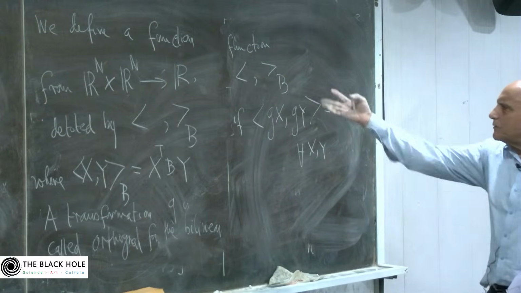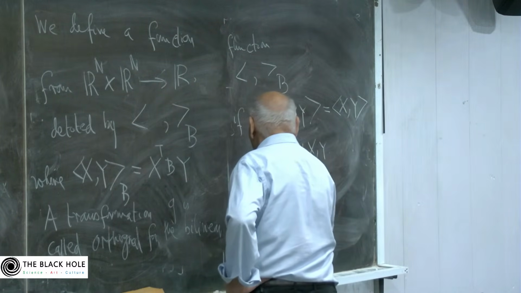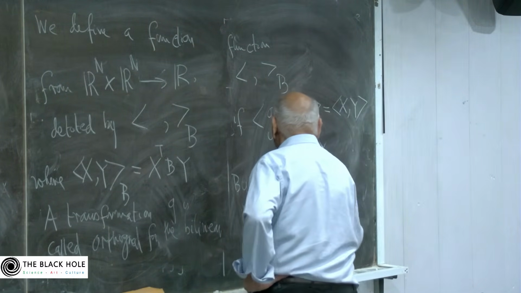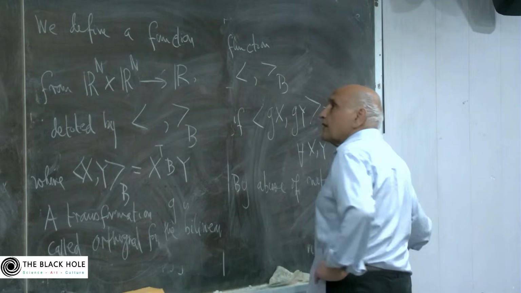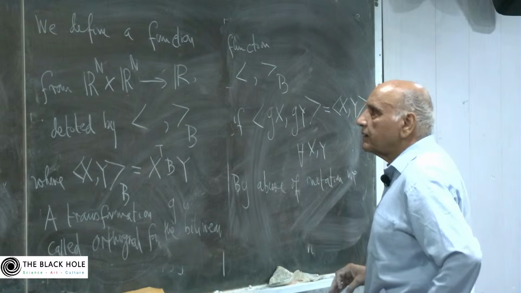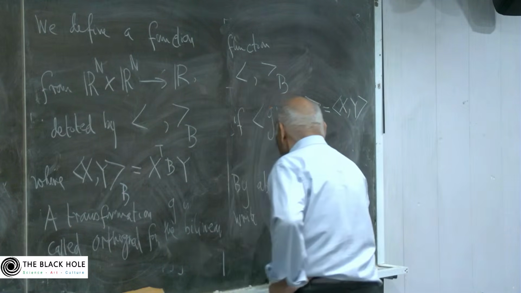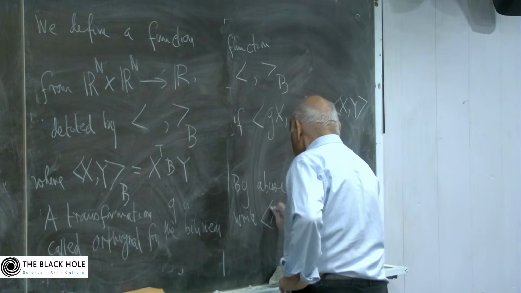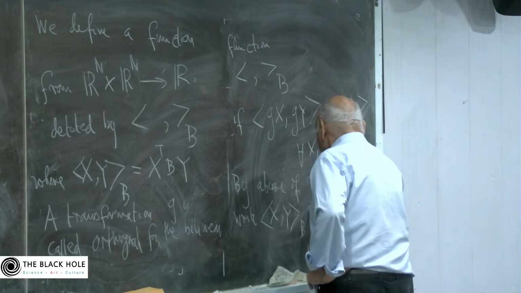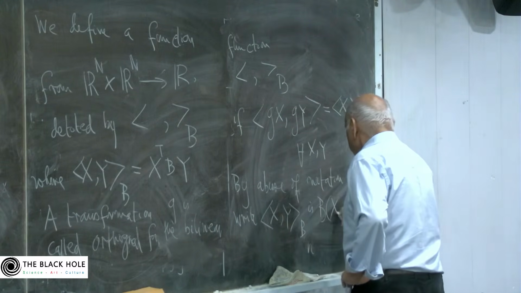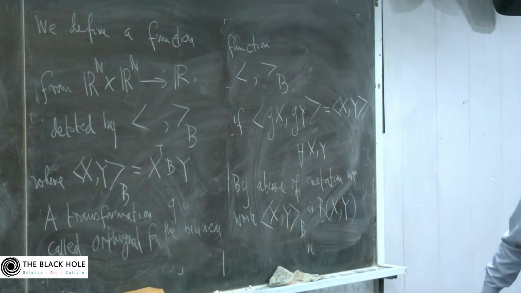And it's very clumsy, so by abuse of notation we write it as B of xy. So B for bilinear and B also for that matrix.